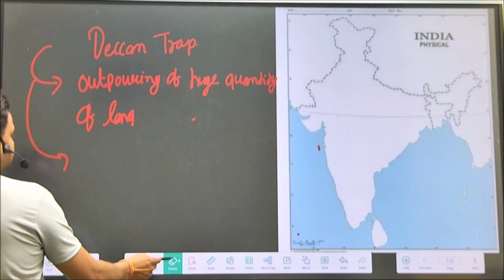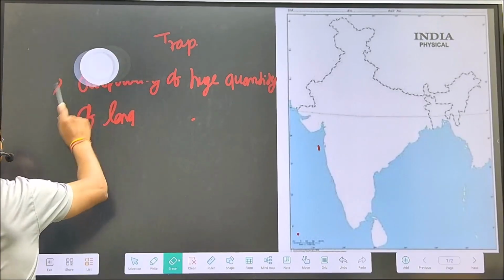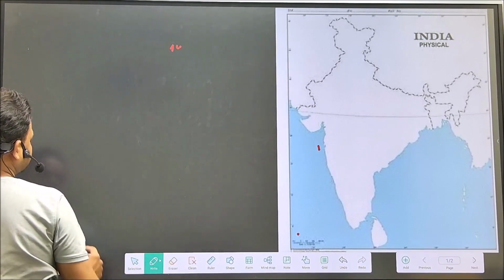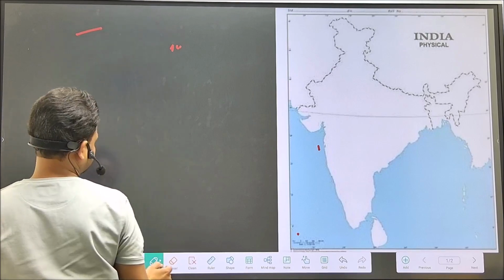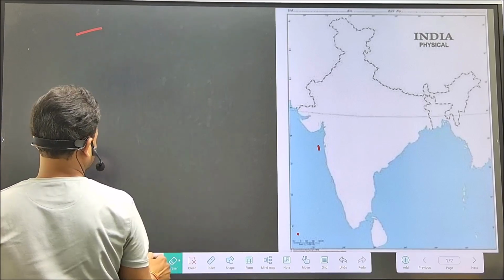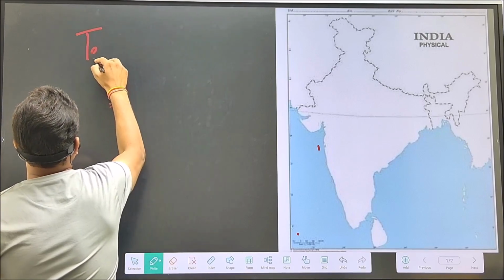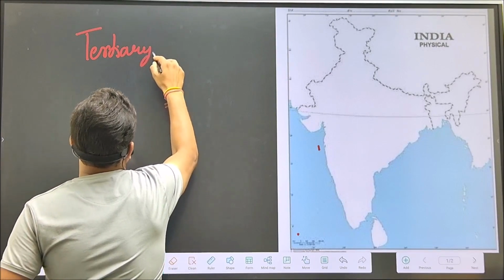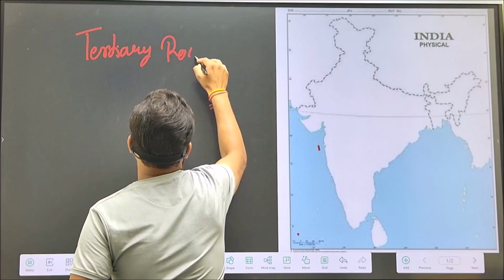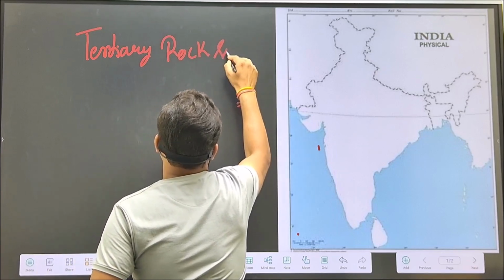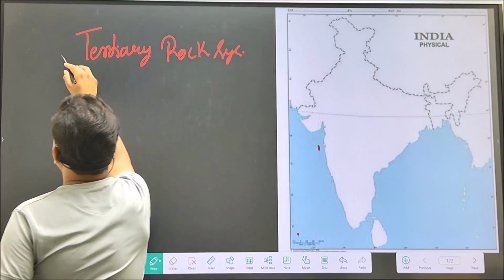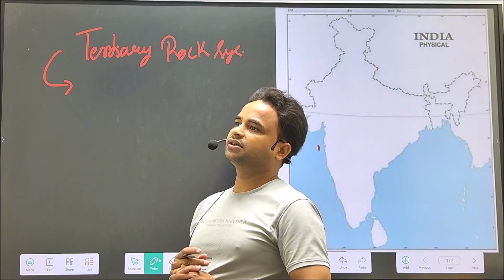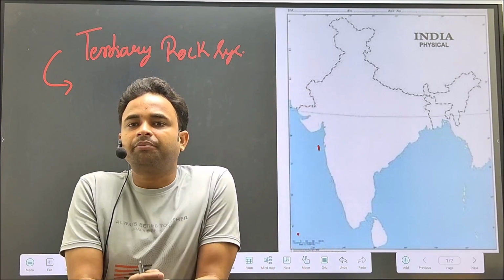Now the next rock is the tertiary rock system. In the tertiary rock system, two major events happened.